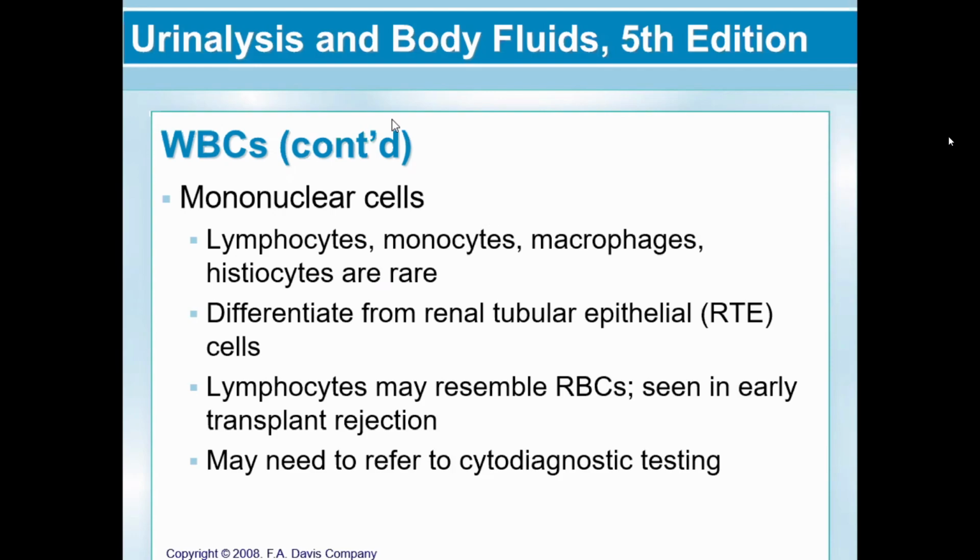Okay? And that's very important, and that's why it's important for us to differentiate it from your renal tubular epithelial cells. The renal tubular epithelial cells are significant. When we see them, for example more than 2 RTE in the urine, that's significant. That may indicate what?